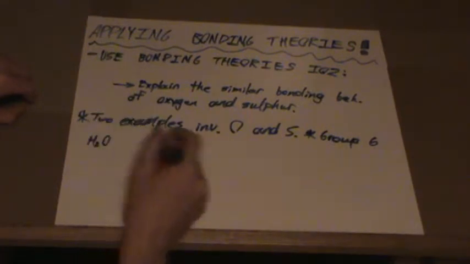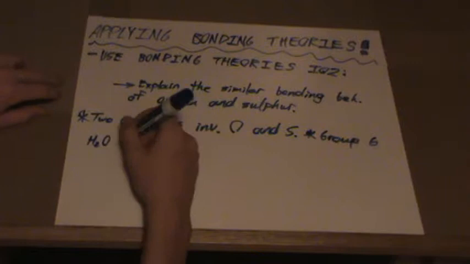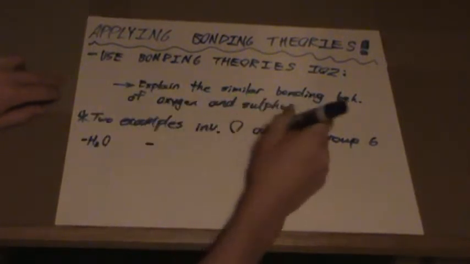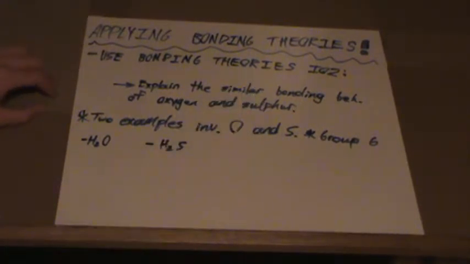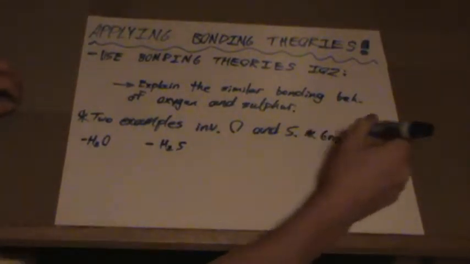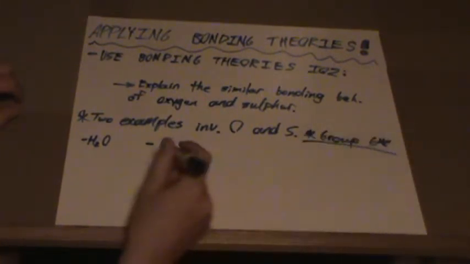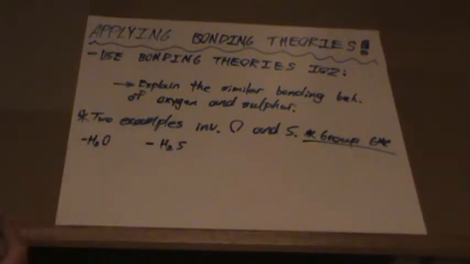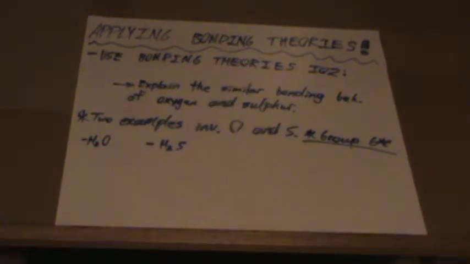And it just so happens that this idea of hydrogen bonding to oxygen, just as I said, can also be replicated with sulfur in the form of H2S. And so how can we use this relationship between them both being group 6, and then in these examples explain how their bonding behaviors are similar?